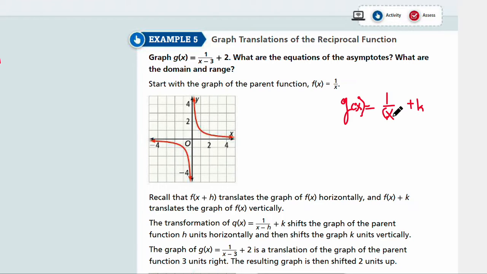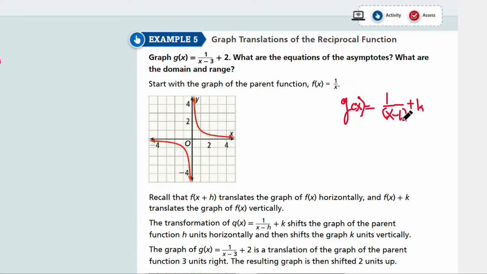And then you will see minus h here. Why is it negative? Because your equation is written in terms of g of x, your range. So everything that's horizontal movement will be reciprocated. So it's the opposite. X minus h will be your positive movement.